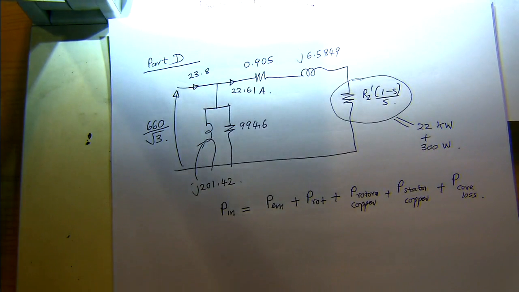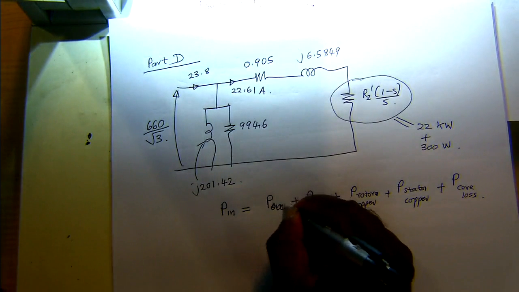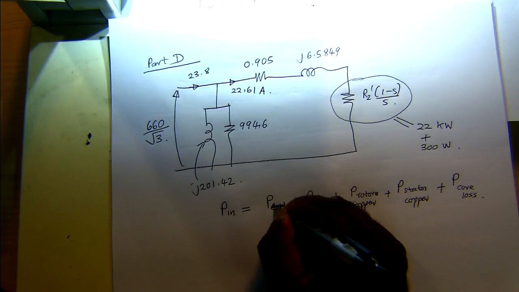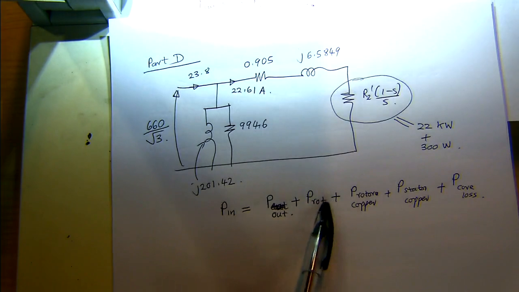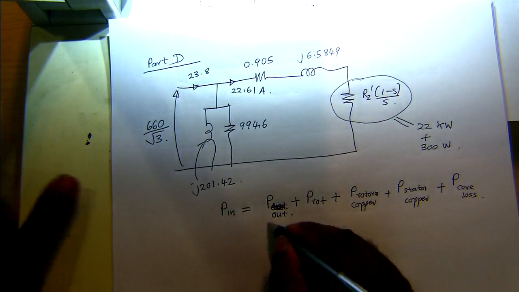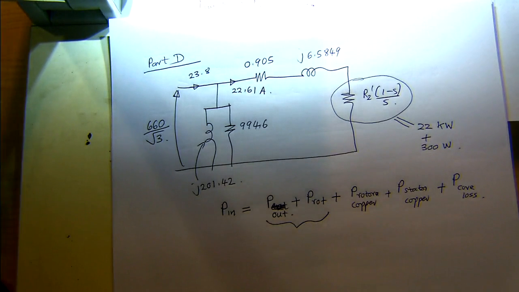Oh no, sorry, this is our output power, right? This is the output power plus the rotational losses. This bit here is the PEM actually.